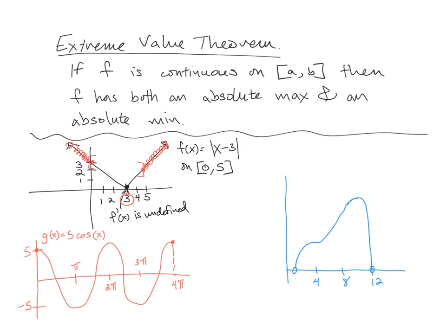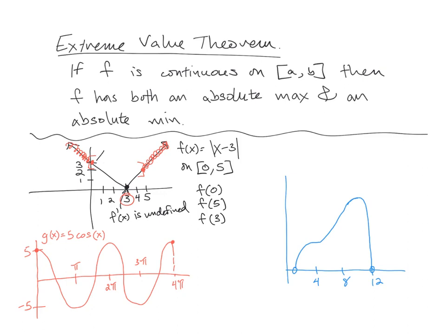Once you have all the critical values on the open interval, we do not include the endpoints as critical values. We can only count critical values between the endpoints. We can then evaluate very quickly f of 0, f of 5, we're always evaluating the endpoints, and the critical value, f of 3.